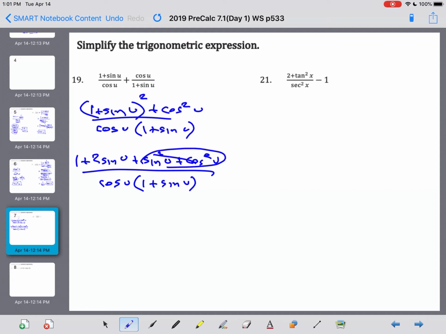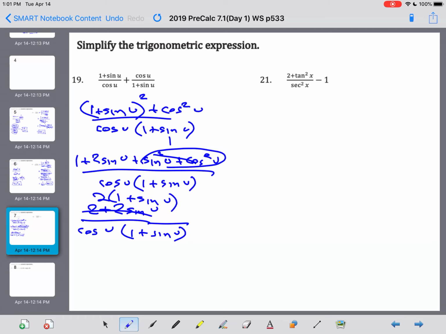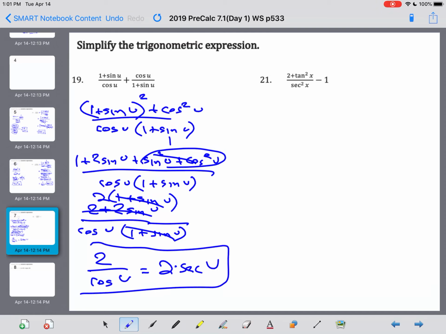These guys become 1, so I get 2 plus 2 sine u over cosine u, 1 plus sine u. If I factor the 2 out, I get 1 plus sine u. These cancel, so I get 2 over cosine u, or I could call that 2 secant u. Either one of these would be fine.